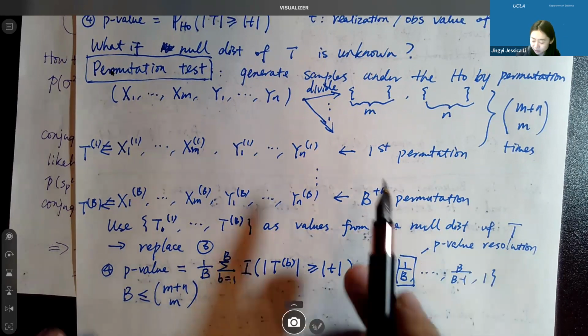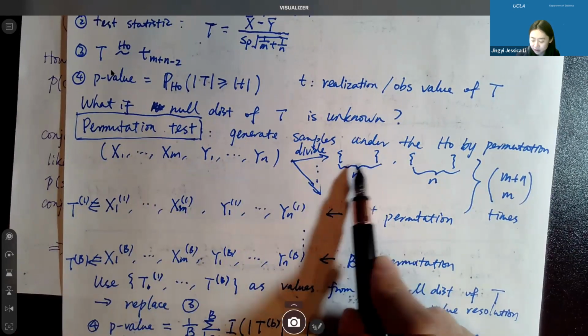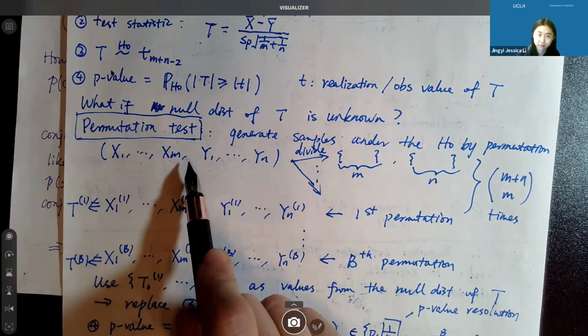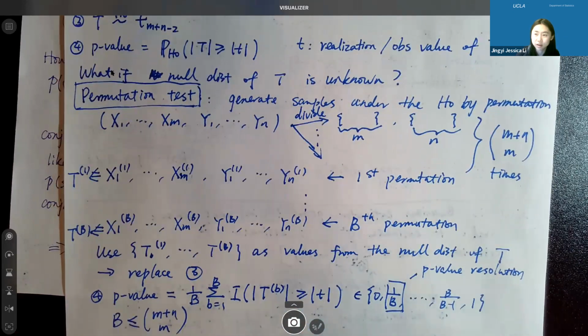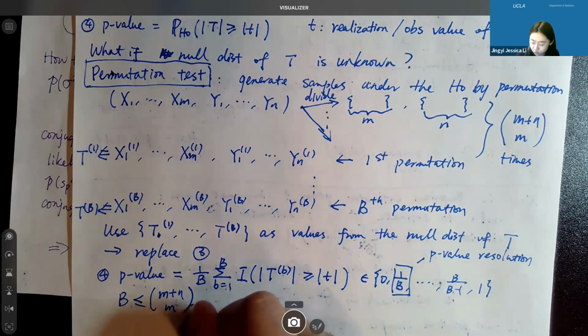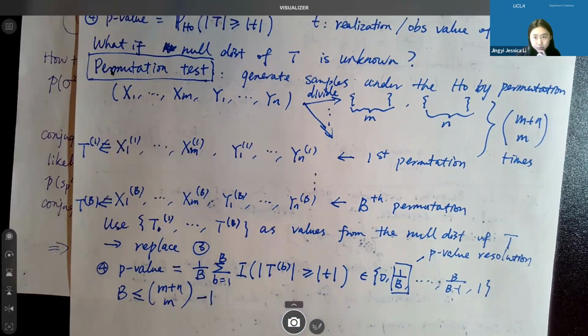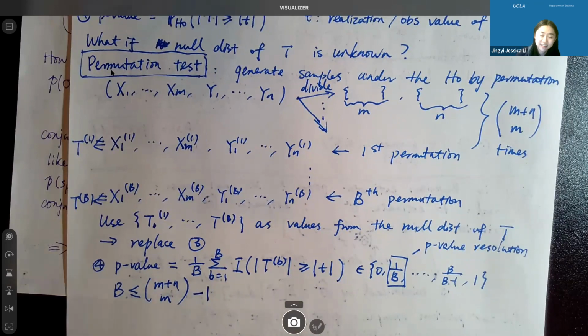For example, there is one division where the first M are just your x1 to xm and the last N are just your y1 to yn. Then that's your original sample, and you don't want to include that because that's not from the null. Therefore you may need to do minus 1.